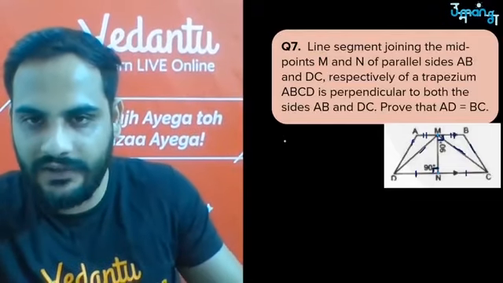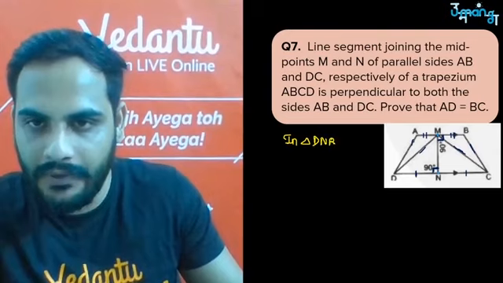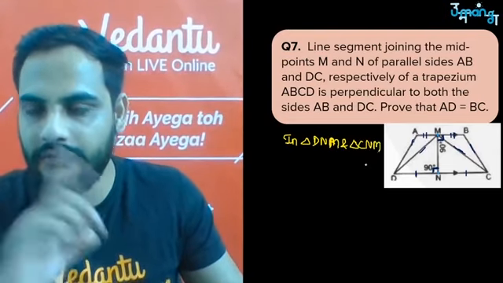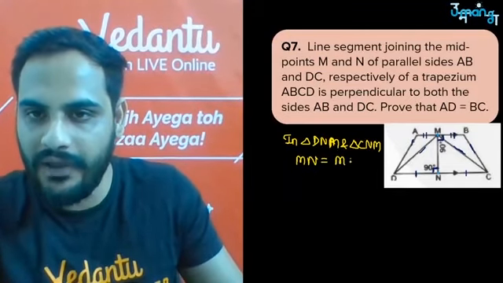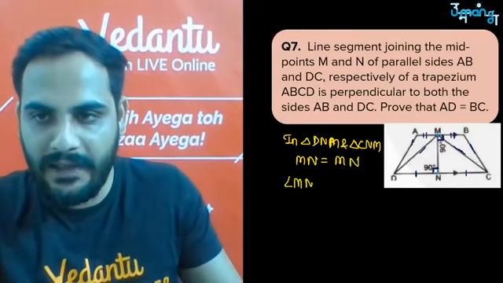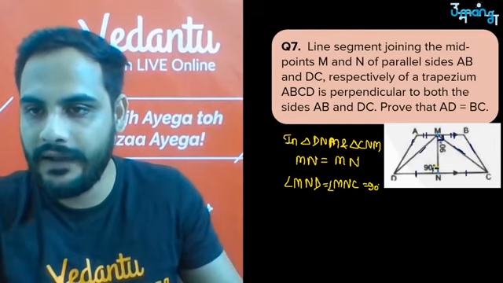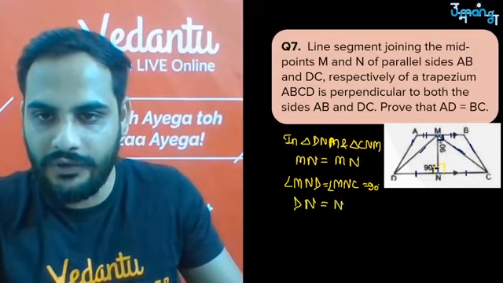So I will say, in triangle DNM and triangle CNM, first thing I know is that MN is equal to MN, common side. Then angle MND is equal to angle MNC, both are 90 degrees, and DN is equal to NC.